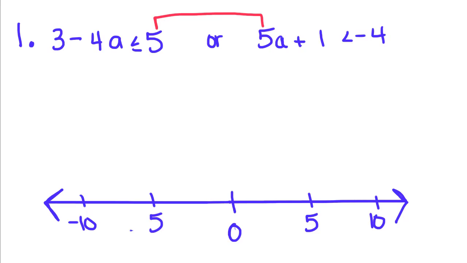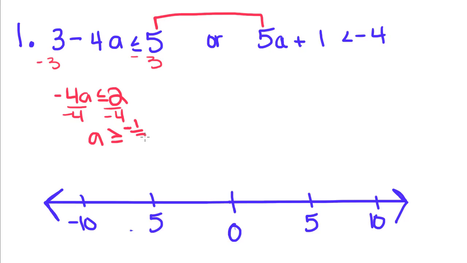For this, we would do like we usually do. We would subtract 3 from both sides. We'd get -4a less than or equal to +2. We divide by -4. We would get a greater than or equal to -1/2, because remember you've got to flip the sign. And then we're going to write "or" in between.